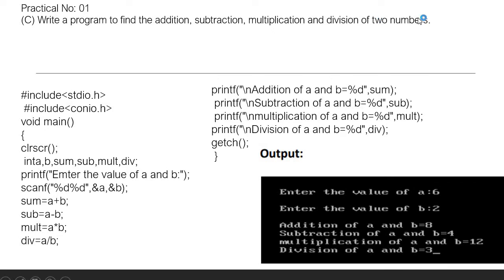So two numbers we have to use, that's why I have introduced two variables over here, and for inputting, the scanf function gets used. My data types are integer, that's why my prototype is %d, and the ampersand sign is nothing but allowing the user to enter the value for the a variable and b variable over here.